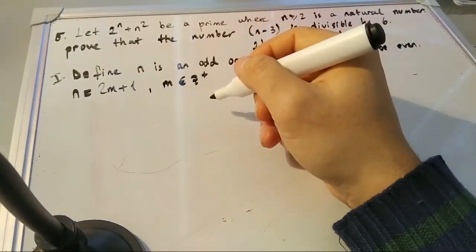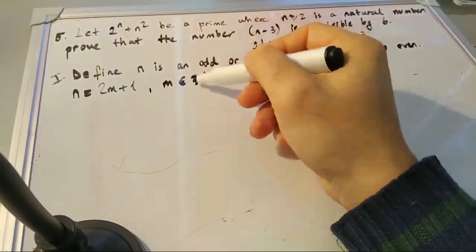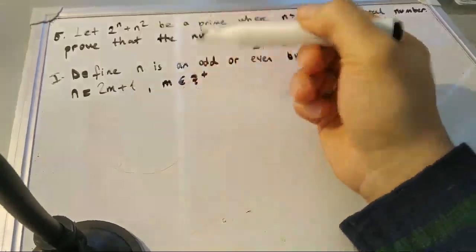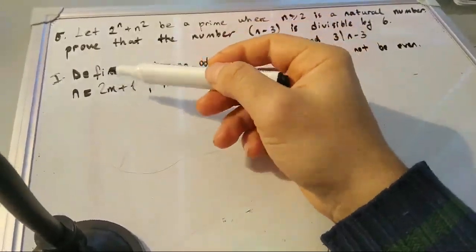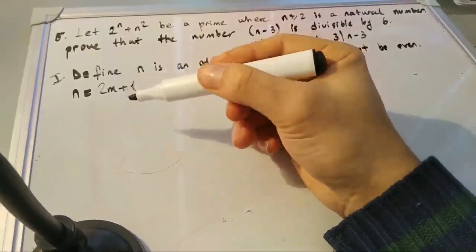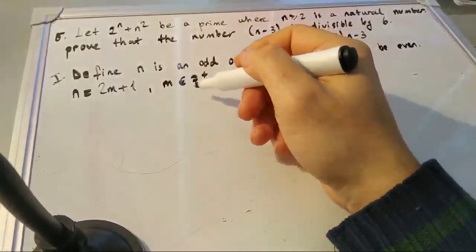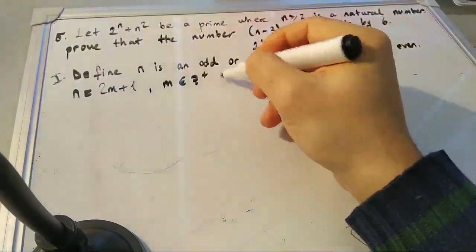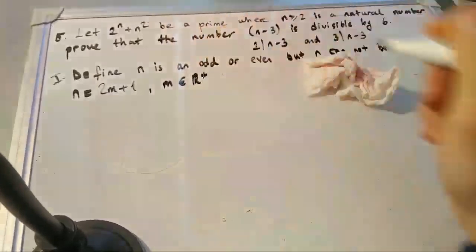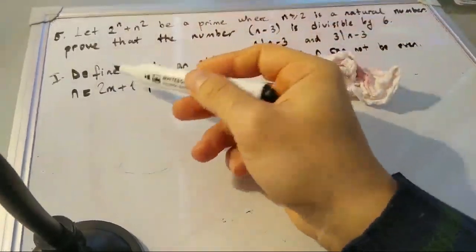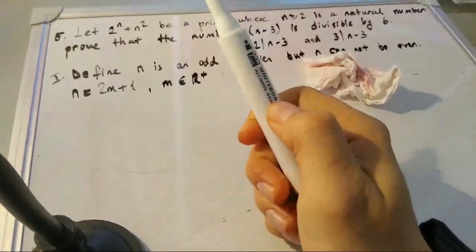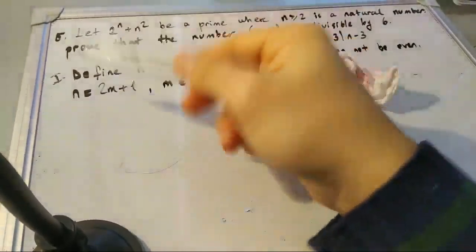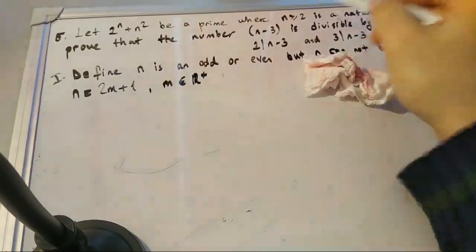I mean all real numbers. For example, 1 over 2, we can use for m is 1 over 2, right? So instead of all positive integers, we can say all positive real numbers, right? Instead of positive integers, we can write all positive real numbers, because we can use 1 over 2 for m. 2 times 1 over 2 is 1, 1 plus 1 is 2. And start from 2.